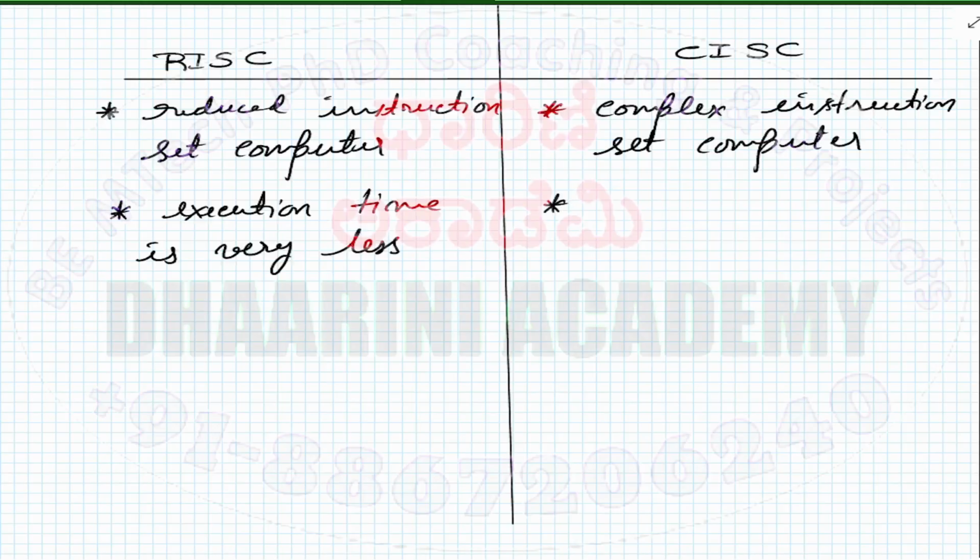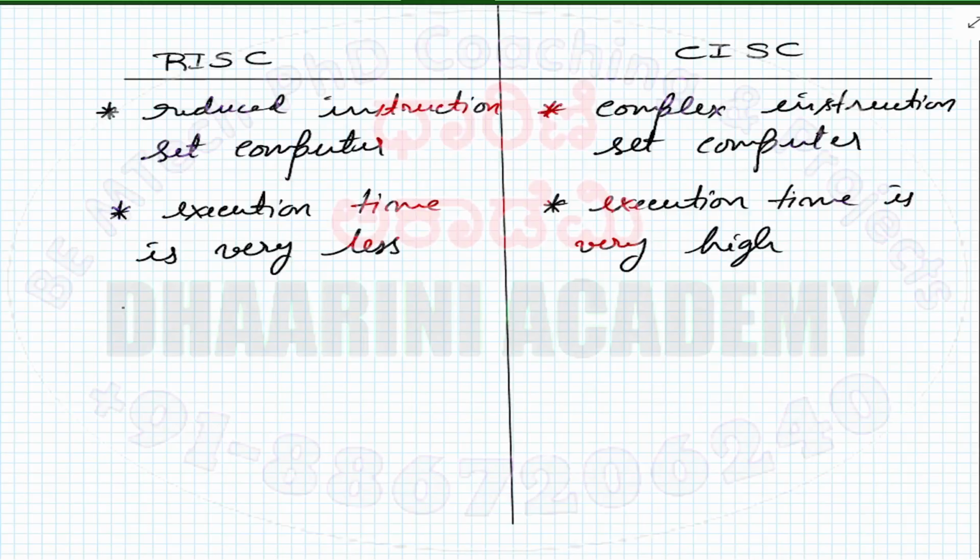Whereas, since the instruction sets are complex, the hardware might take longer time to decode, because of which the execution time is very high compared to the RISC.